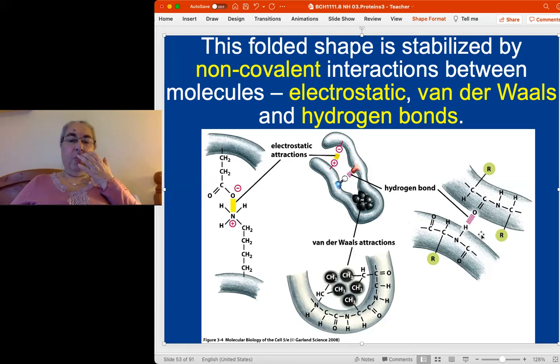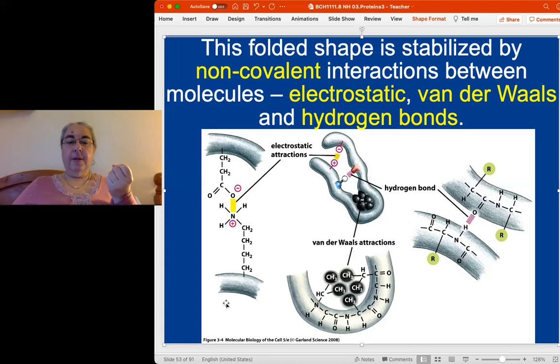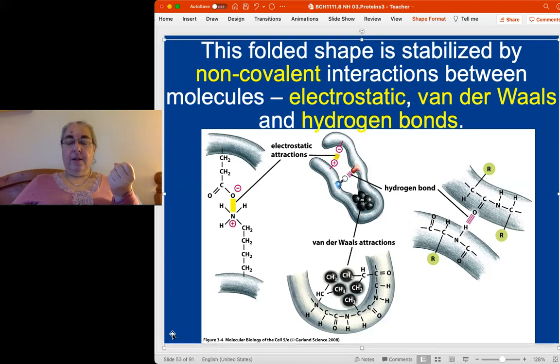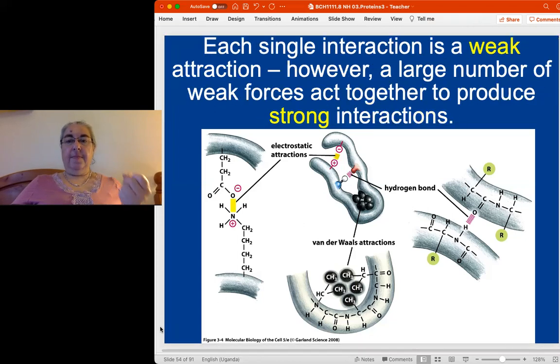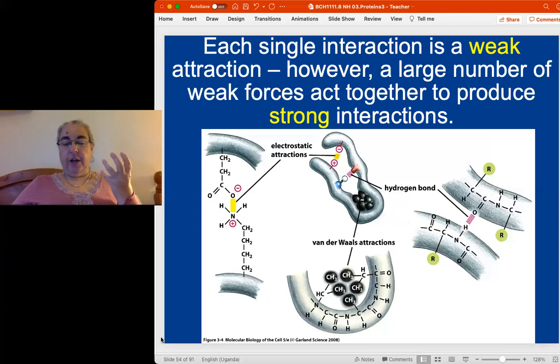So these all work together to fold up the polypeptide chain into a folded protein. Okay, so a large number of weak forces acting together finally produce strong interactions that are enough to hold a protein in its folded shape in most conditions.